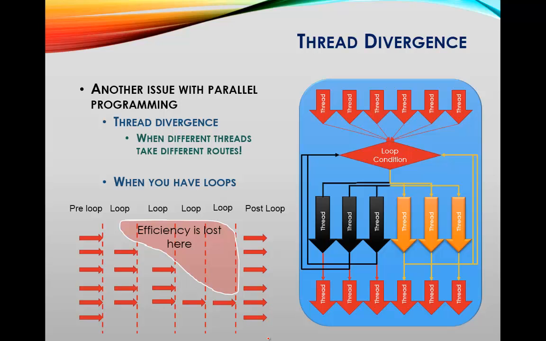Now, the problem is that we invoke the kernel by specifying the kernel name, the size of the grid, the size of the block, and the parameters that are passed to it. As a part of that, we invoke a bunch of blocks, and within these blocks, we have a bunch of threads.